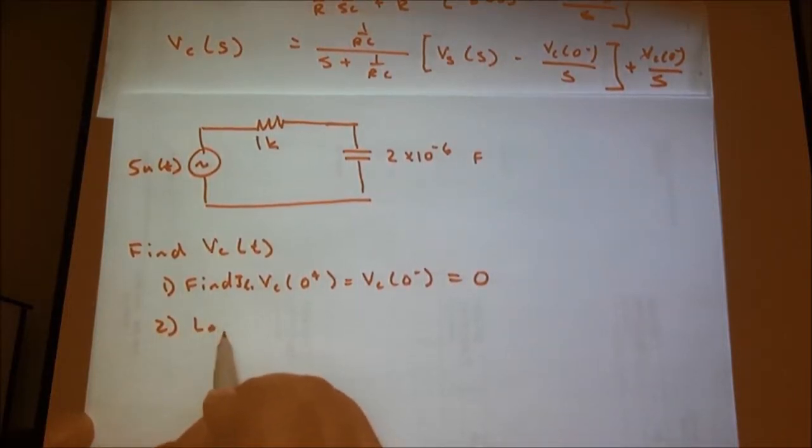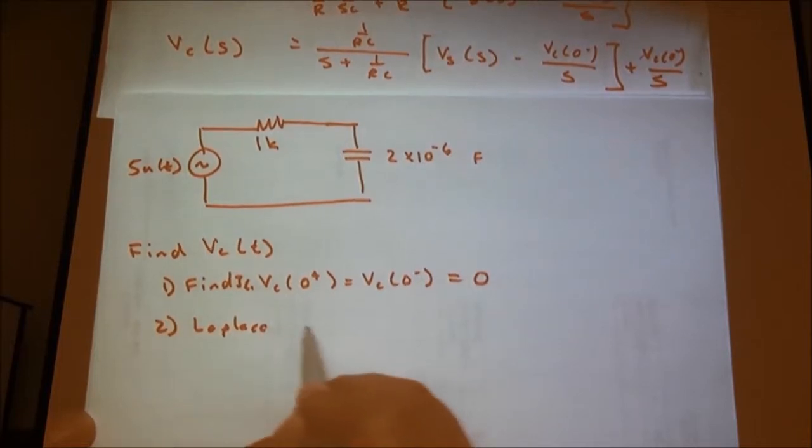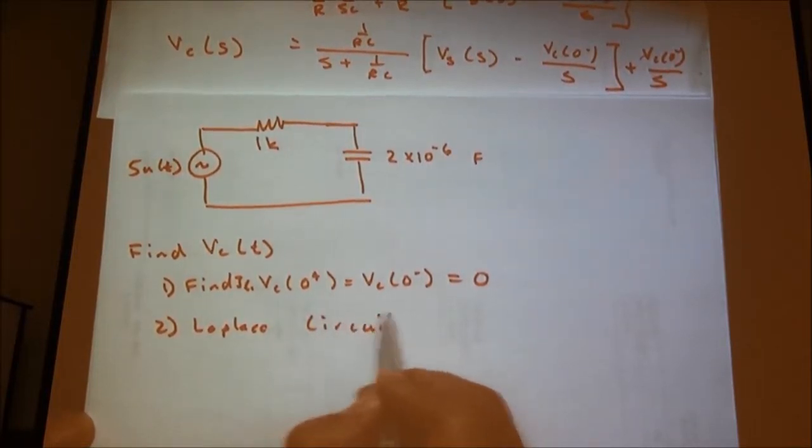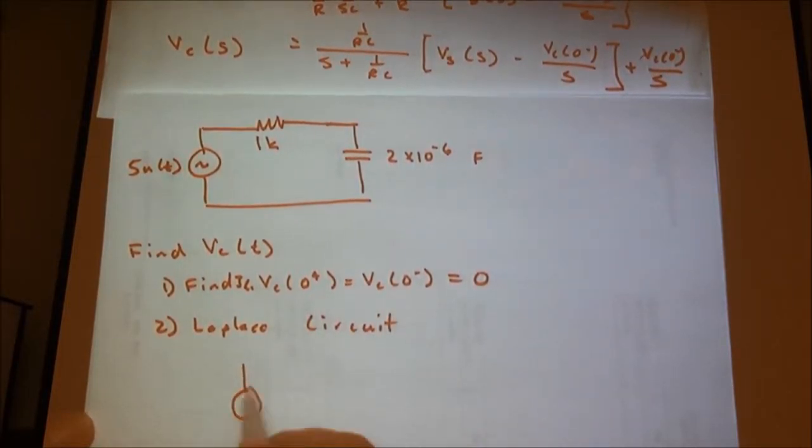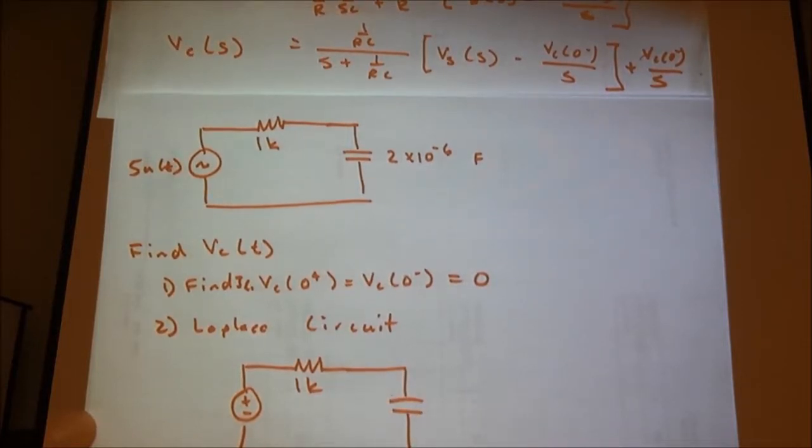Step 2, Laplace circuit. This is from the steps I've written a minute ago. So what do we have here? That's still 1K. And because our initial condition source is 0, if you want, you can draw it in here as a short since it's 0.